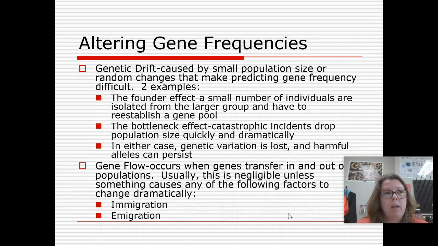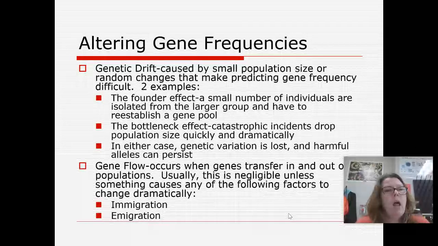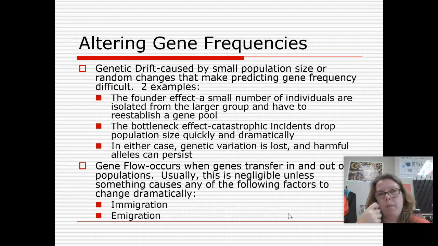There's also something called a bottleneck. Like you have a population in an area and say a forest fire rips through and kills a whole bunch of them, right? So all of a sudden you've gone from this large population of deer, for example, to very few, right? Again, starting with thousands maybe or hundreds and down to 10 or 15. But in either case, for every individual that you lose, all of their genes are lost from the gene pool. So you start to lose genetic variation.